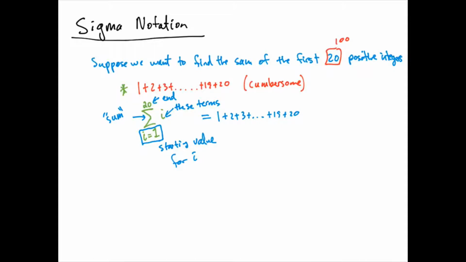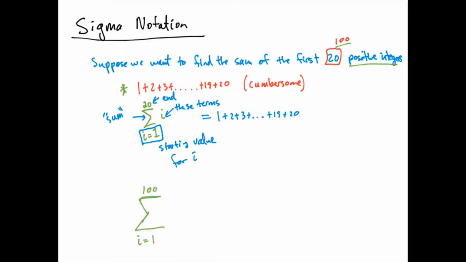Now suppose we want to find the sum of the first 100 positive integers. Again, anytime we're talking about a sum of a sequence, we can use sigma notation. So if we want the first 100 positive integers, we're going to start at the first positive integer, so i is equal to 1.